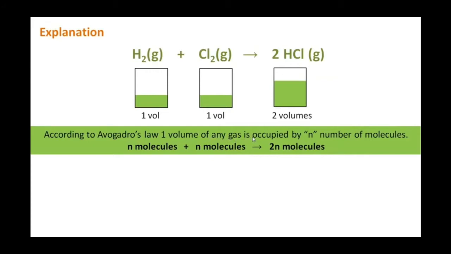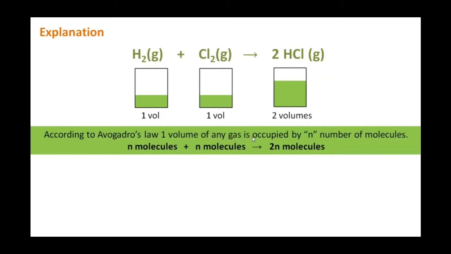You know that 1 volume occupies n number of molecules. So, n molecules plus n molecules will give 2n molecules. In the above example, 1 molecule of hydrogen and 1 molecule of chlorine combine to give 2 hydrochloric gaseous molecules.